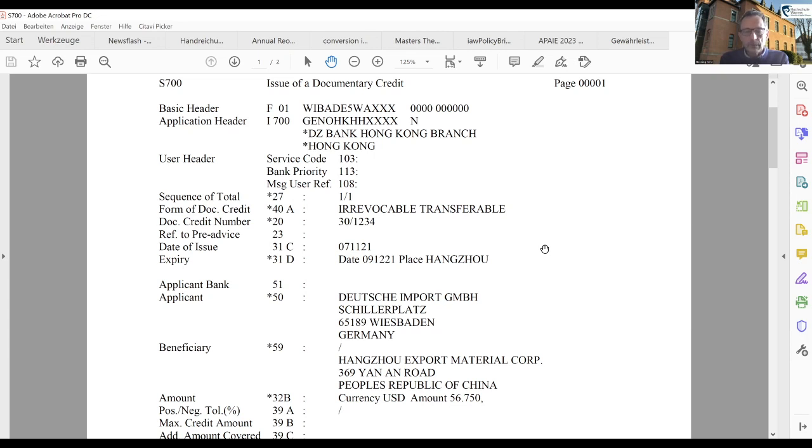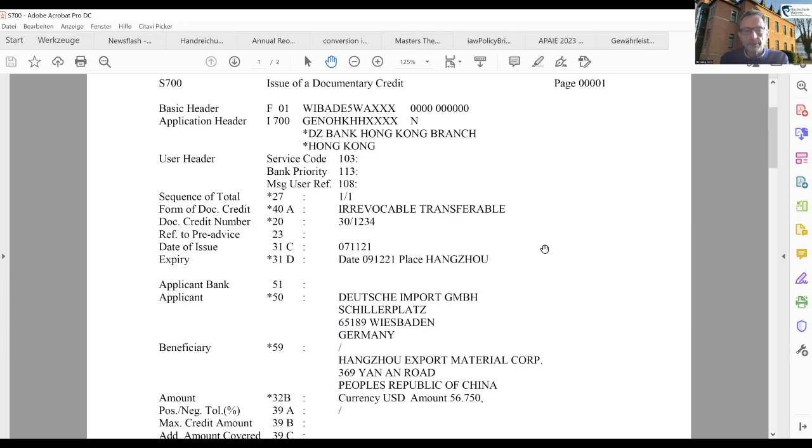Therefore, we have a very special instrument of the banks. These are letters of credit. That means the bank guarantees to pay if some, I would say, terms are fulfilled.